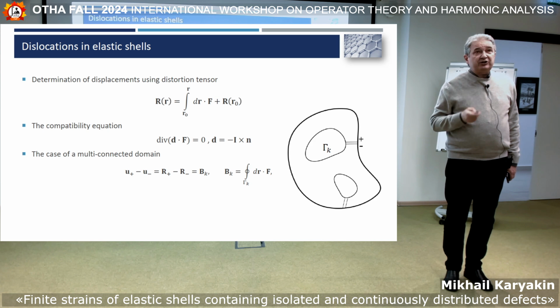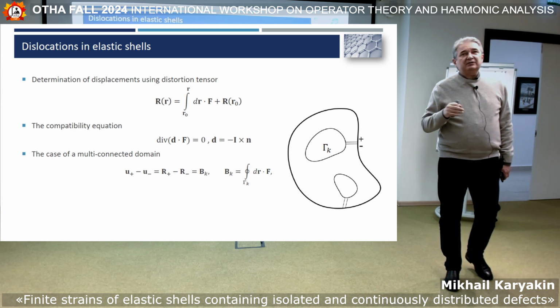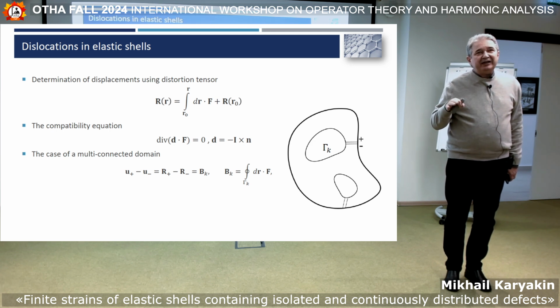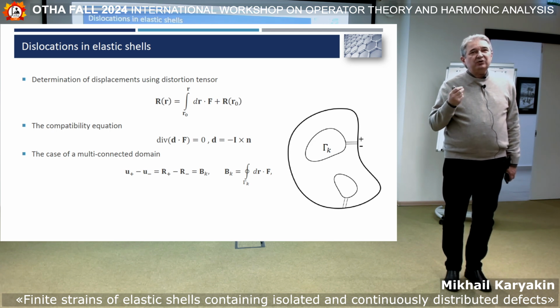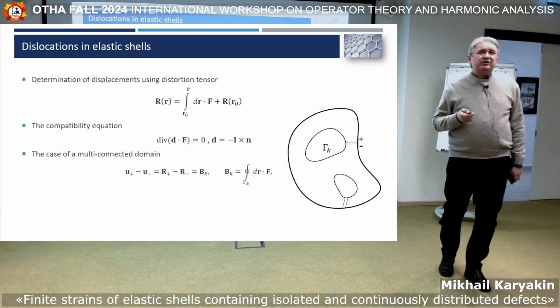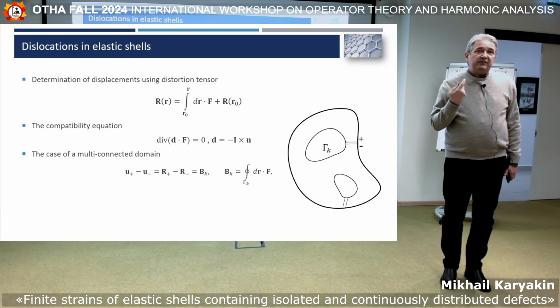You see, the displacement on the plus cut is not the same as the displacement on the minus cut. The difference is a constant vector. This vector can be calculated as some integral. And this vector is called the Burgers vector of a dislocation, and this characterizes one defect in one area.